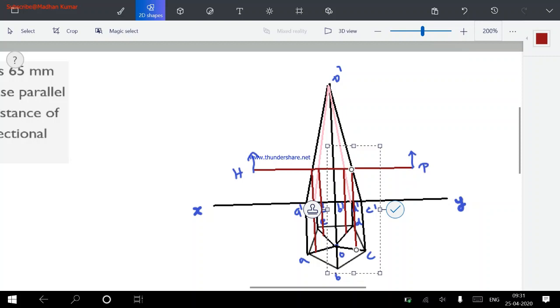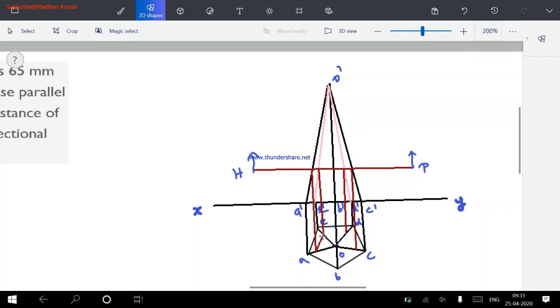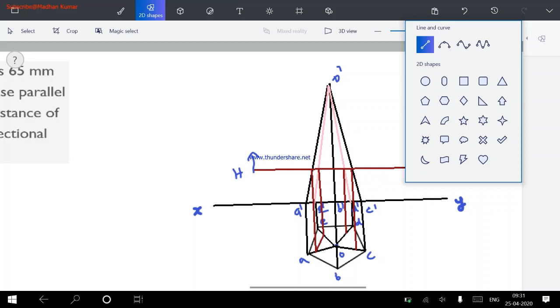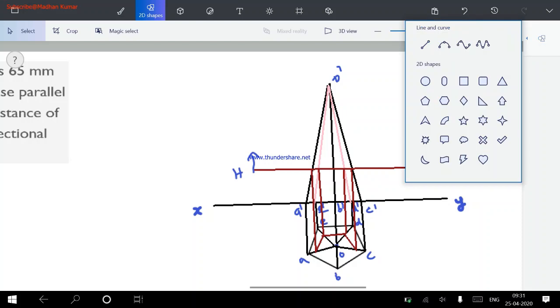line, and I have to complete the outline now. So I am going to connect A and E, right? Similarly, E and B, and similarly B and C, right? And after that, I have to connect it for CB.